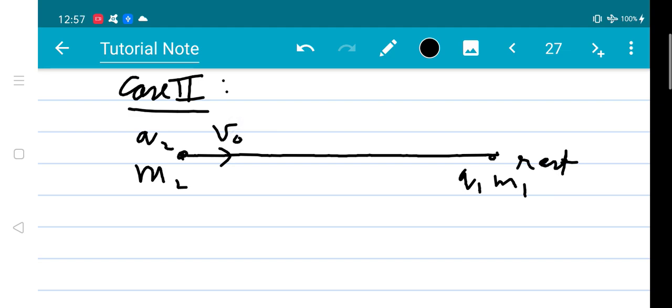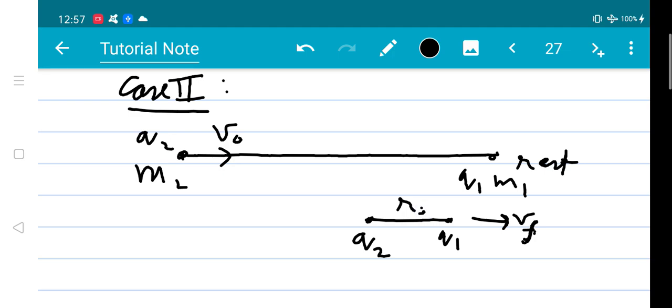Now there will be a point at which the repulsion between the two charged particles will be such that Q2 and Q1 will start moving in the same direction with the same velocity. Let us say this velocity is Vf. The Q1 will also have velocity Vf and it will move towards the right, and Q2 is also moving towards the right. Let this be the distance of closest approach.